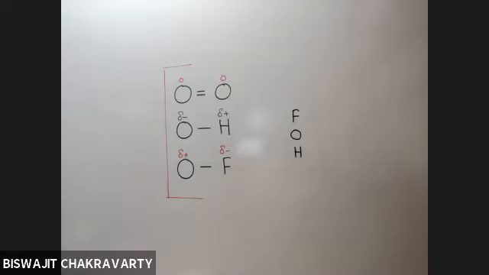Likewise, ionization enthalpy is a constant thing. Electron gain enthalpy is a constant thing because it has nothing to do with the neighborhood atoms, but electronegativity is a relative thing and keeps on changing depending upon what it is attached to. Understood? Clear or not, everyone? Okay, fine.